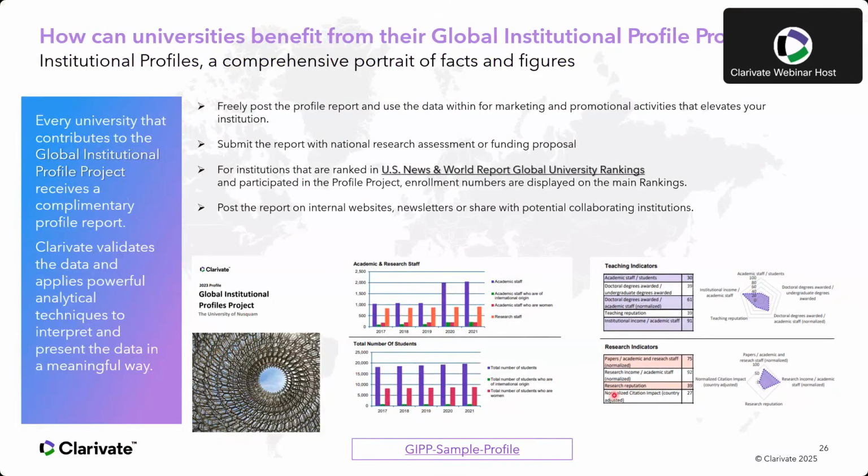That's a sample profile, number of academic staff, the number of staff who are of international origin, academic staff who are women, and research staff in orange. Right, so lots of indicators you can play with, right? Teaching reputation, academic staff over students, the institutional income over the academic staff, doctoral degrees awarded, and so on.